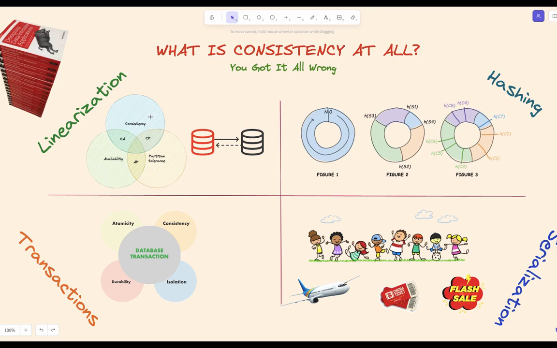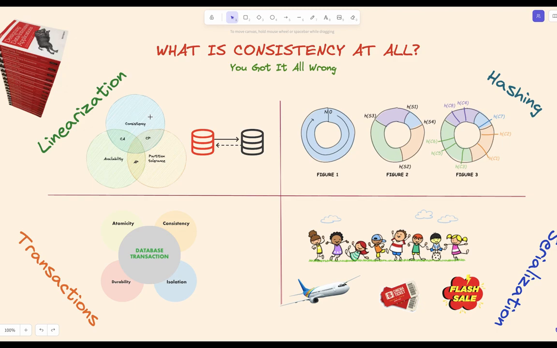That's why I have decided to make this video. We are discussing what exactly is consistency, and not just that, how you confuse consistency in different scenarios, and what consistency means in all of those scenarios, right?